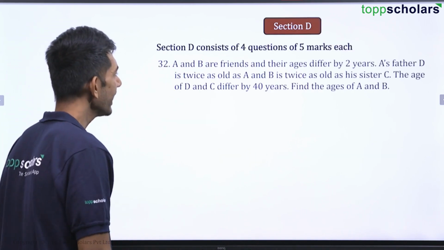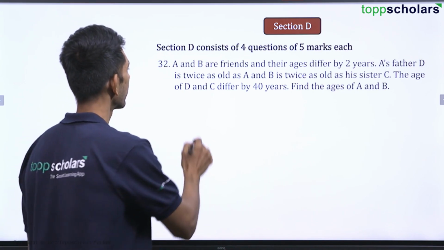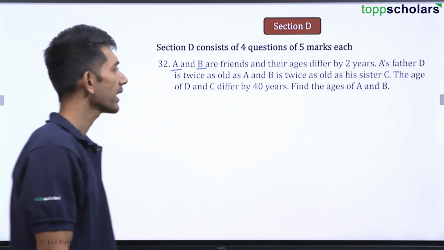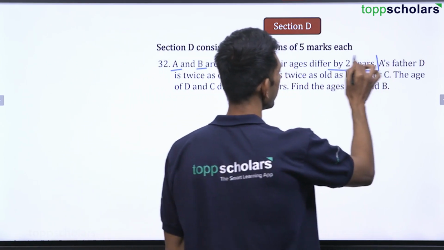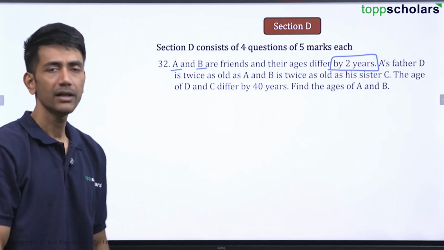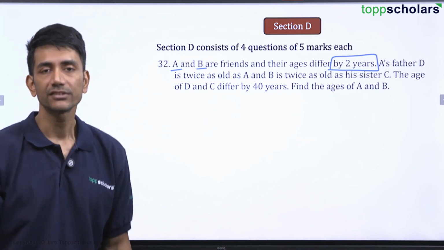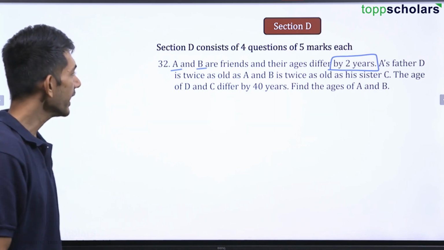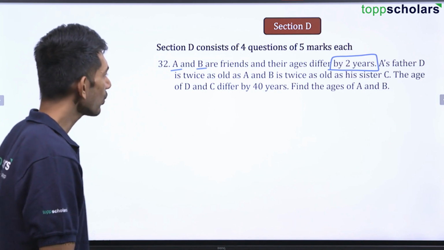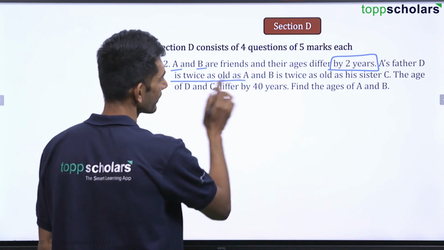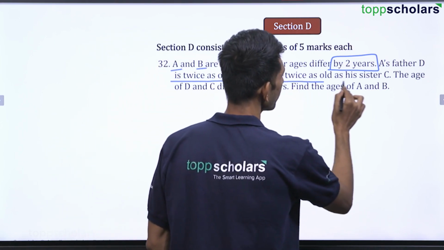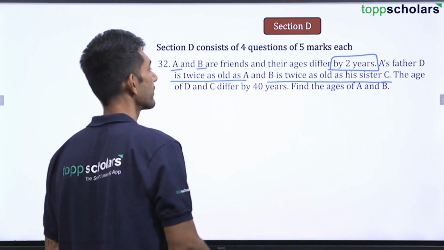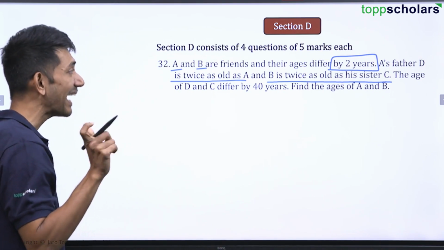It says A and B are friends. There are two friends and their ages differ by 2 years. That is, the difference between their ages is 2 years. A's father D is twice as old as A, and B is twice as old as his sister C. See, understand that in the middle.